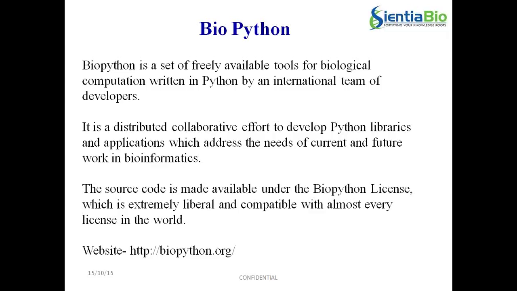A very famous one to solve biological problems is written in Python by an international team of developers, called Biopython. The Biopython license is very liberal and it's compatible with almost every license in the world. A complete set of information about it is made available at biopython.org.